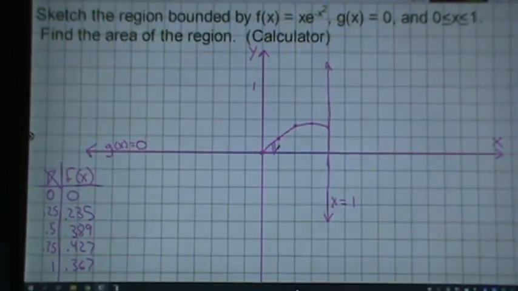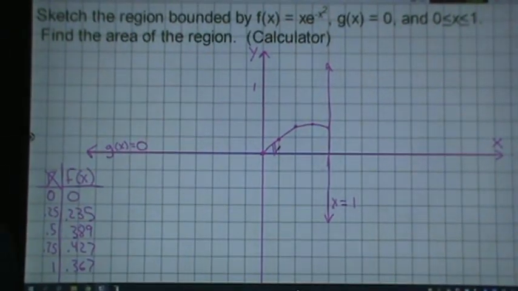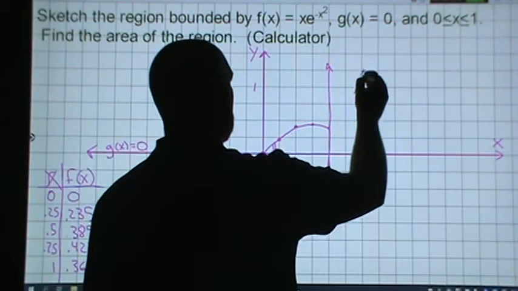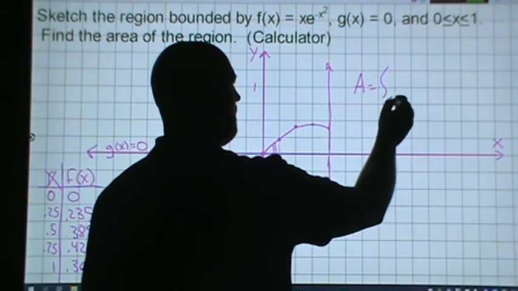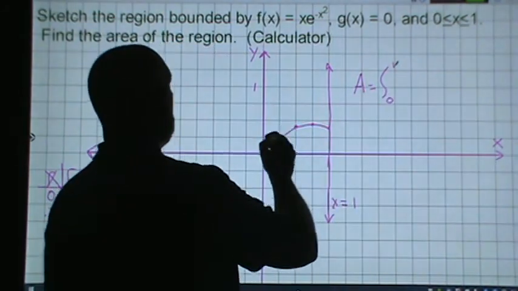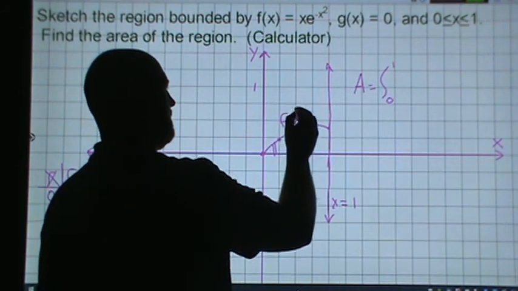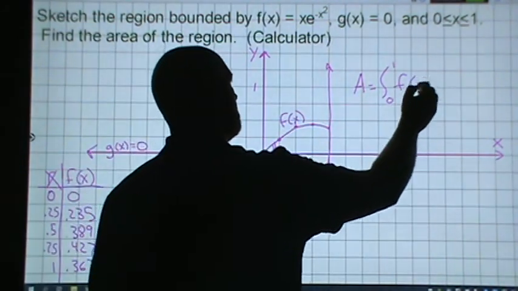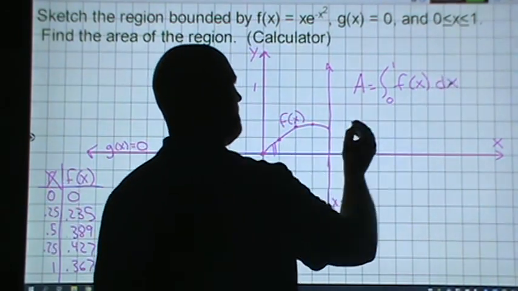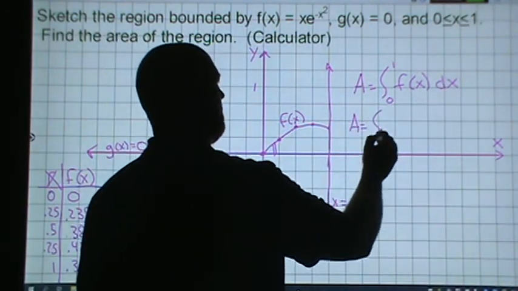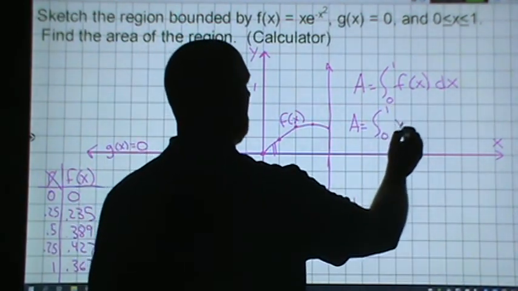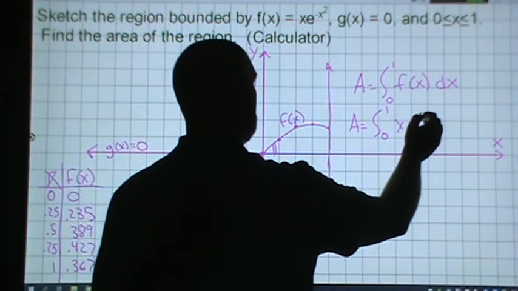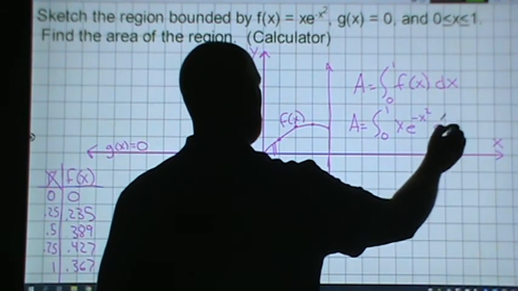So really we're just finding the area underneath a curve. So to find the area, we'll have the integral from 0 to 1 of, in this case, f of x dx. So we're going to have the integral from 0 to 1 of x e to the negative x squared dx.